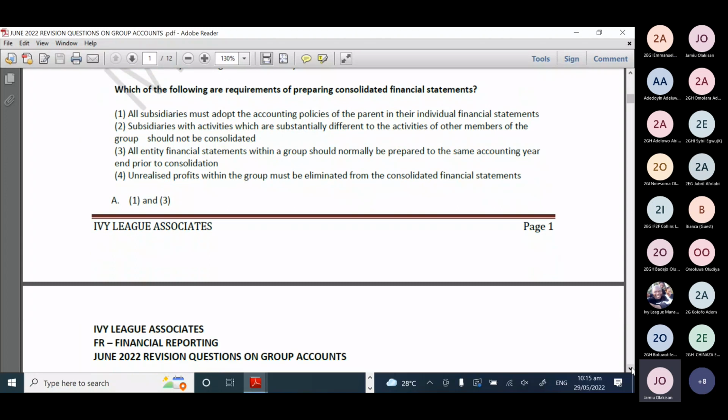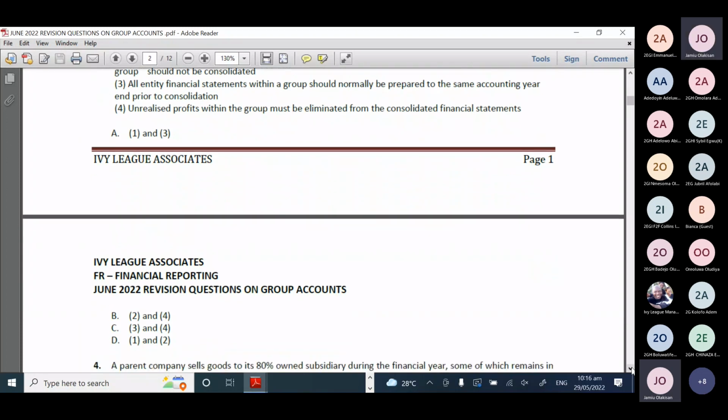Okay. The options. Option A. Everyone can say it. Okay, and the correct option is what? 3 and 4, C. 3 and 4. Do we all agree?